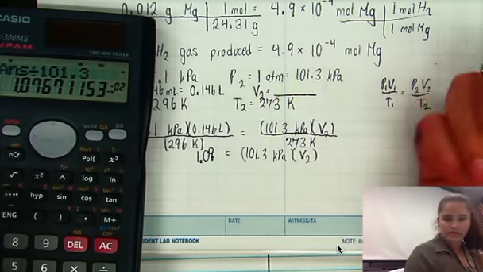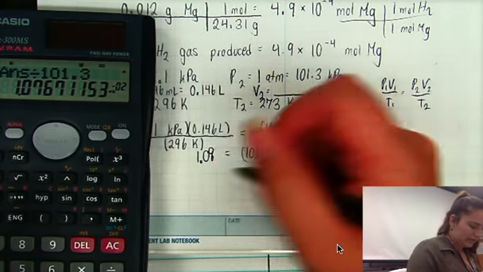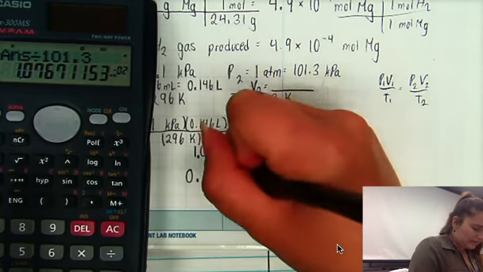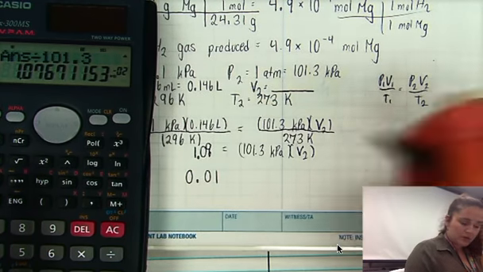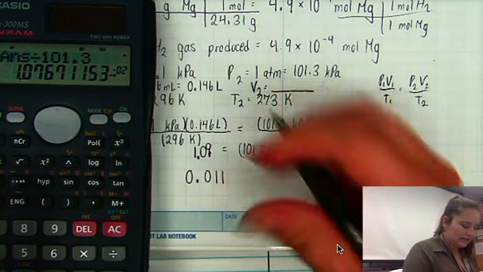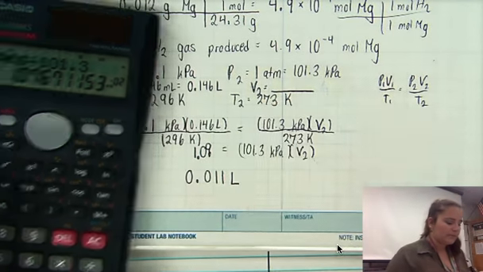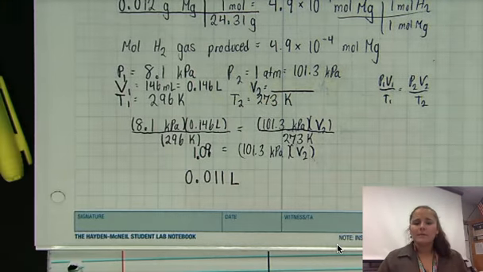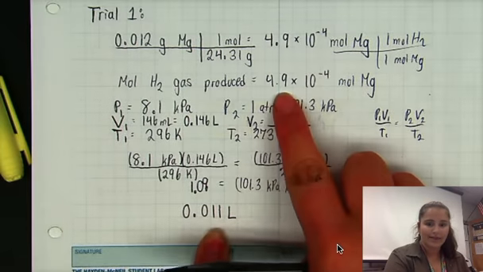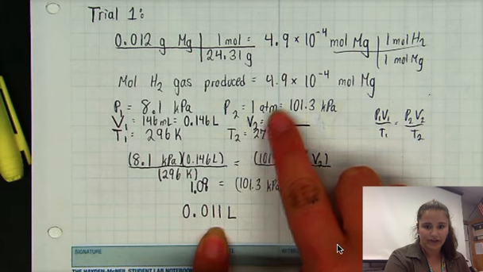Okay, so in just regular terms, it's 0.01. I'm going to keep it at 2 sig figs, so I'm going to say 0.011 liters. So you might be tempted to stop there, but remember, this is the liters for that much hydrogen gas.